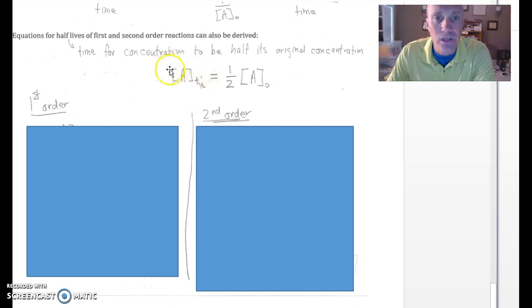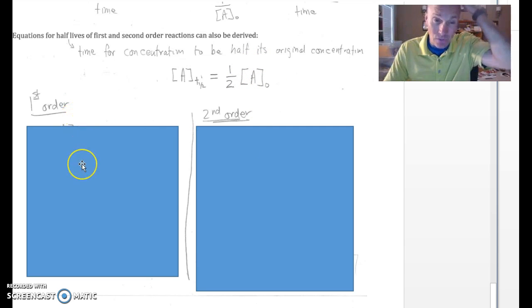So we can define the concentration at its half-life as [A] with t1/2 as a subscript, and that's equal to 1/2 of the original concentration. Remember, the original concentration we define as the concentration at time equals 0, so it has the little 0 as the subscript.